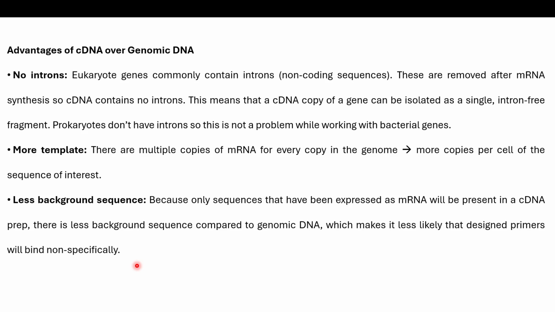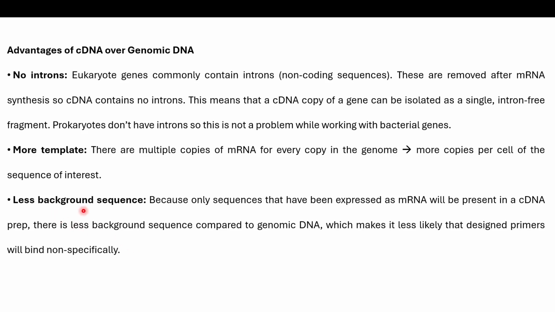So the primers that we have designed, suppose oligo-DT primers, will bind to multiple areas of the whole genomic DNA stretch, and whatever sequence of interest we want, we might get some other sequence as well, which we do not want for downstream processes. All right.